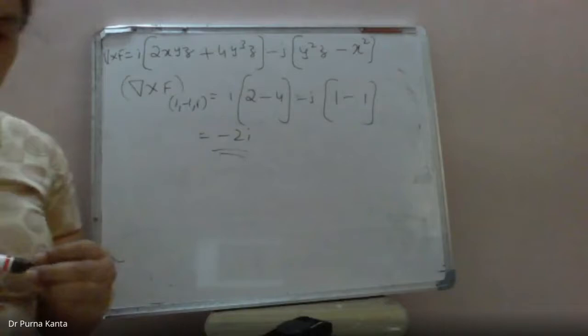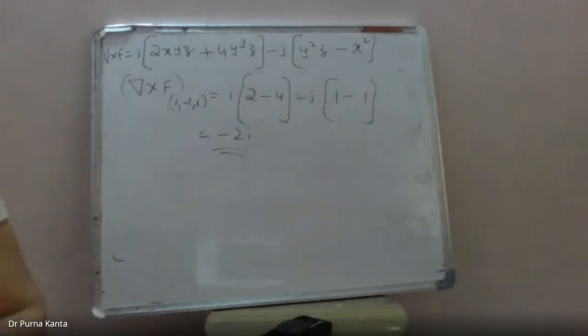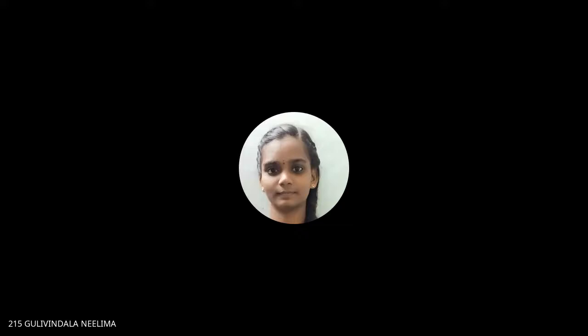Cross check the value you have got. Madam, minus 6i.